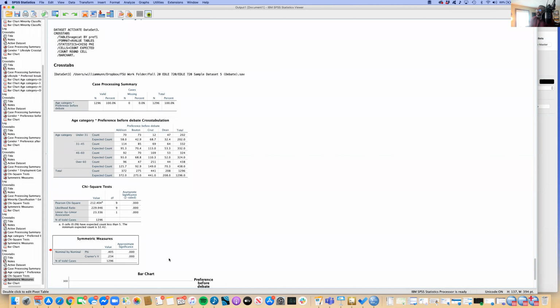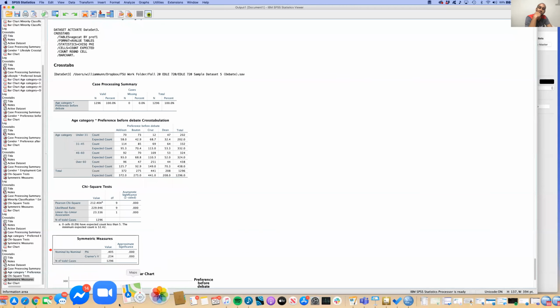Now, again, this is a four by four table, so you cannot use phi, you have to use Cramer's V to determine the effect size. So let's go back over to page 102 and see what kind of effect size there is. Dr. Moon. Yes.